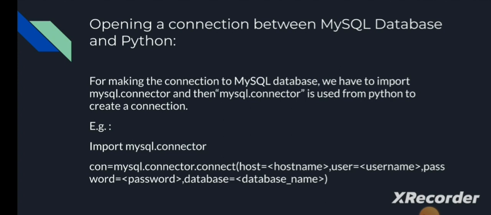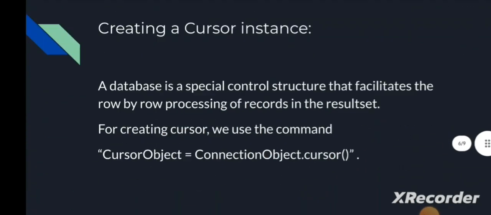But actually, it's not after creation but before creation. Before creating a database, you have to make a connection between the MySQL database and Python, so it can work. Python is a development language, through which we are working on SQL, right?